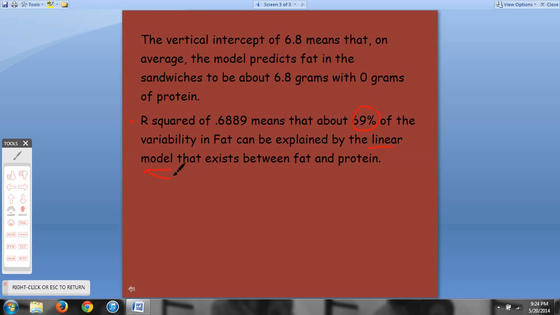But you do need to show that it can be explained by a linear model. Otherwise, it defeats the purpose of this whole explanation. So we have finally reached the end. This is it: the interpretation of slope, vertical intercept, and R squared. I hope this helps.